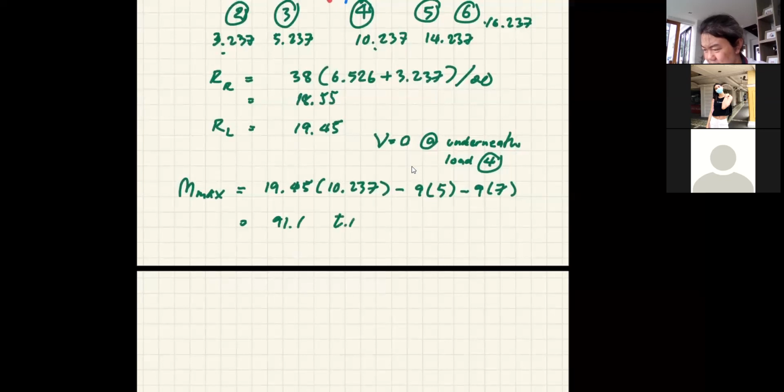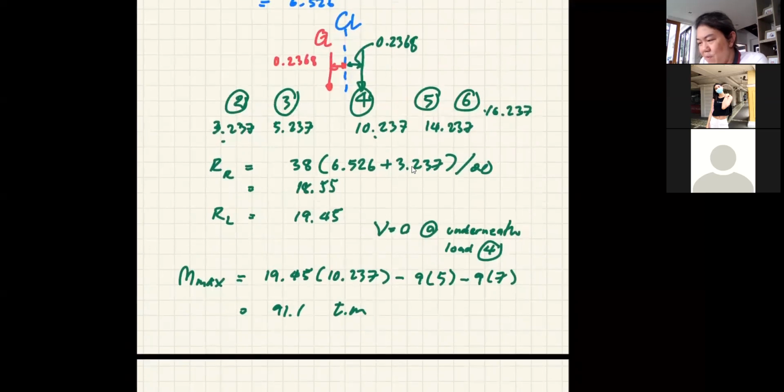So that is 91.1 ton meter. Notice that load number 4 has to be placed just slightly off the center line to the right. So for those of you who do not know how to handle this, and decide to place load number 4 right there at the center line, you may get a number not so different from this, but that is fundamentally wrong.